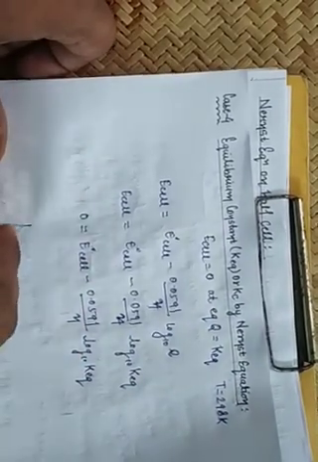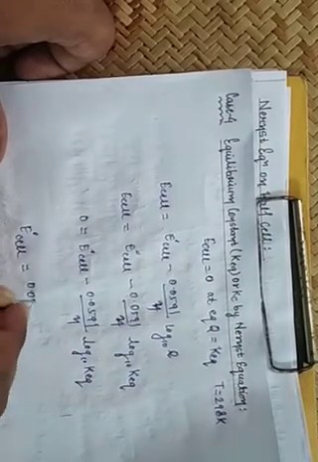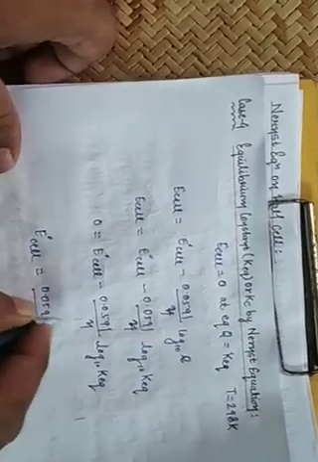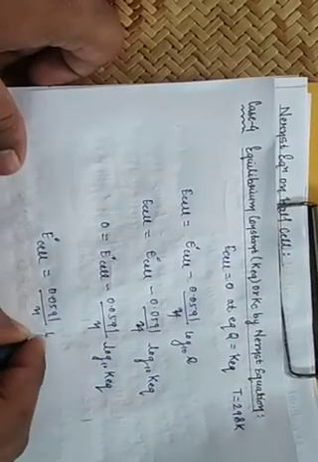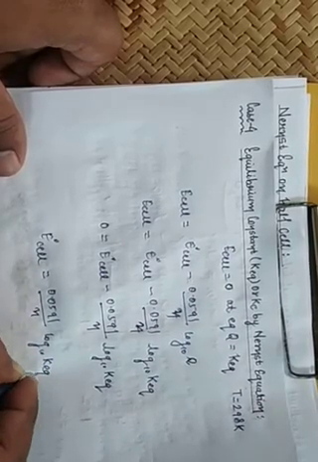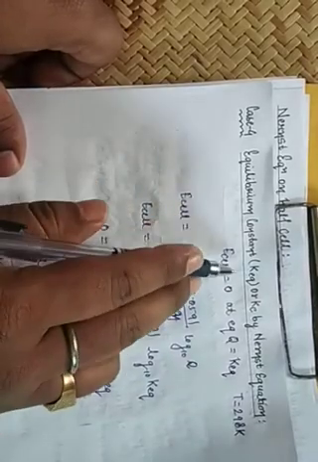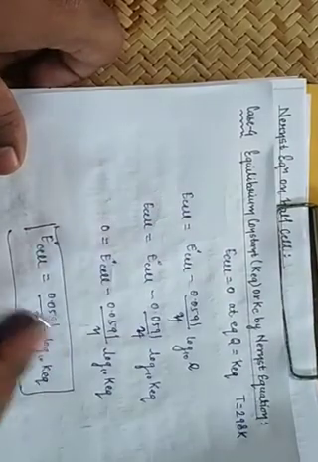Now the final formula is E naught cell equals 0.0591 divided by n log of base 10 KEQ. So this is the formula for the equilibrium constant by the Nernst equation.